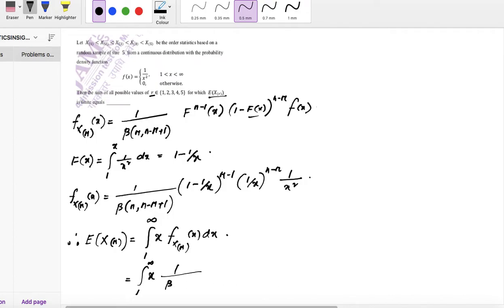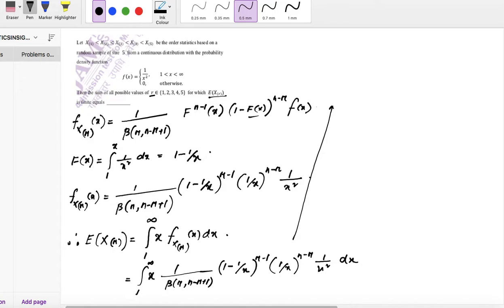One by beta r, n minus r plus 1, into 1 minus 1 by x to the power r minus 1, 1 by x to the power n minus r, and 1 by x square dx. Okay, let's reduce this term.